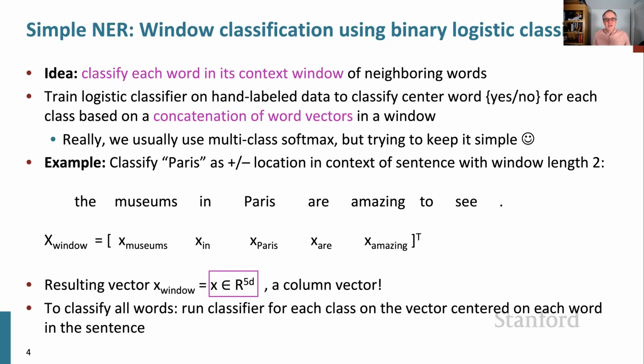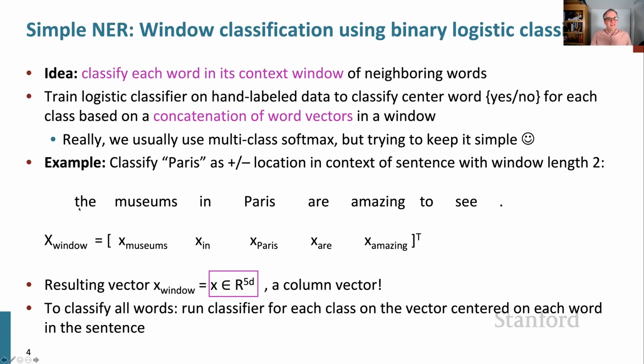And then we're going to put those through a neural network layer and then feed it through a logistic classifier of the kind that we saw when looking at negative sampling, which is going to say for a particular entity type, such as location, is it a high probability location or is it not a high probability location?